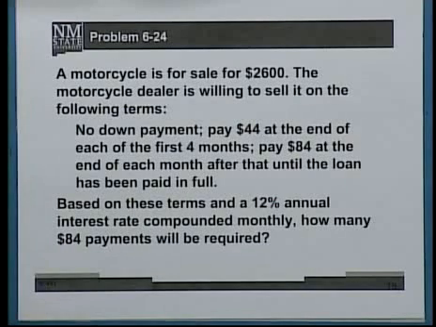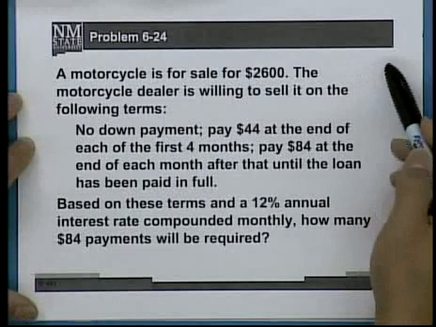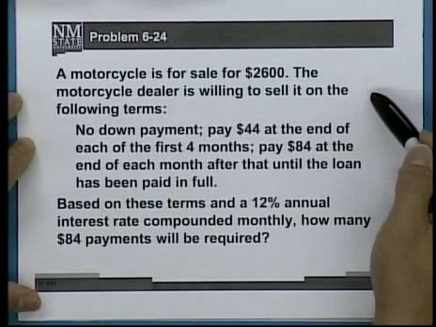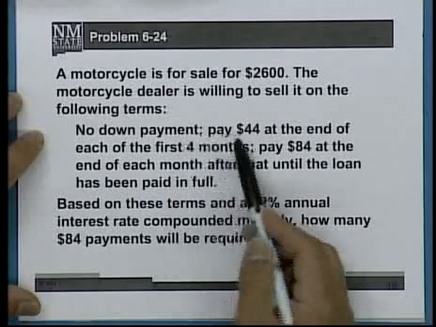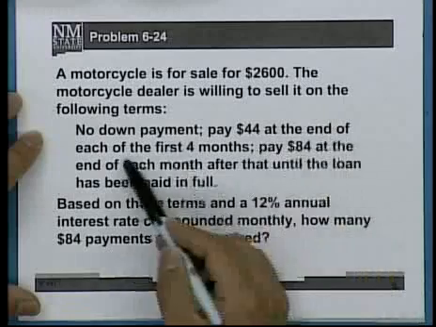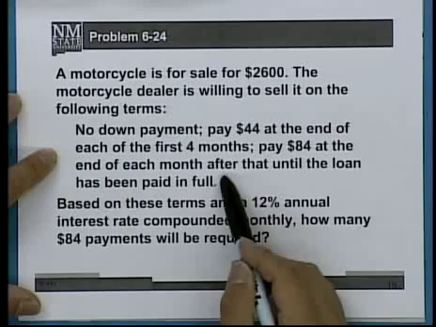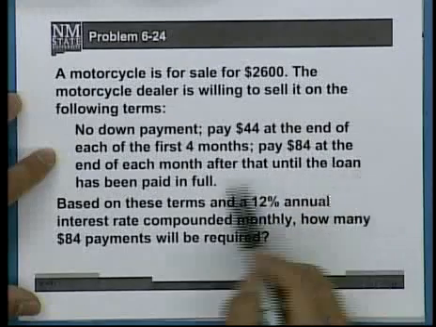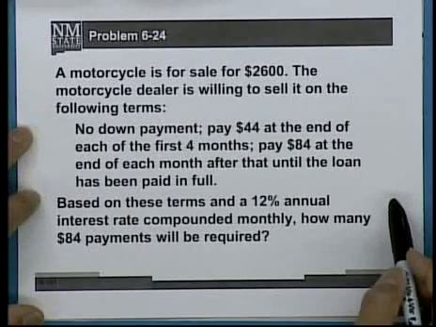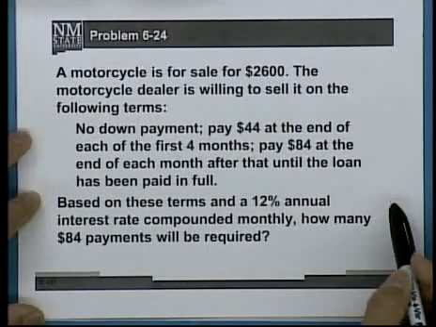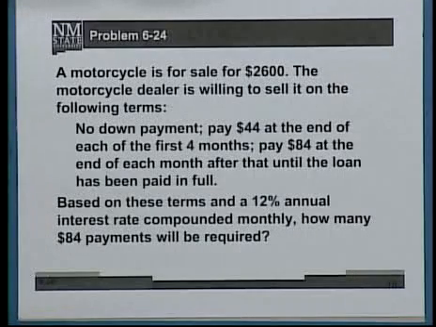A motorcycle is for sale for $2,600, and the motorcycle dealer is willing to sell it on the following terms. No down payment, pay $44 at the end of each of the first 4 months, and pay $84 at the end of each month after that until the loan has been paid in full. Based on these terms and a 12% annual interest rate compounded monthly, how many $84 payments will be required?